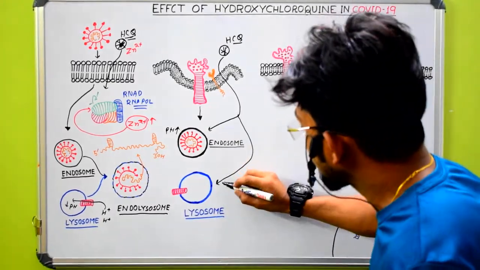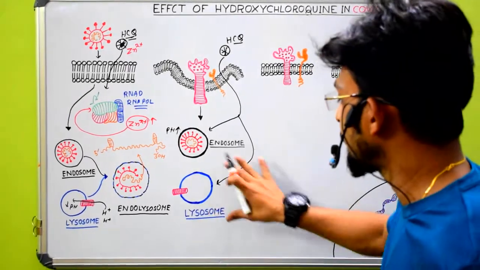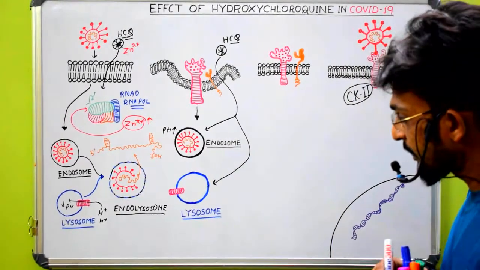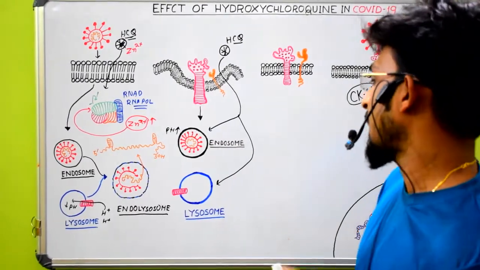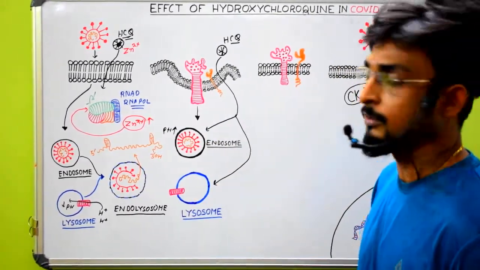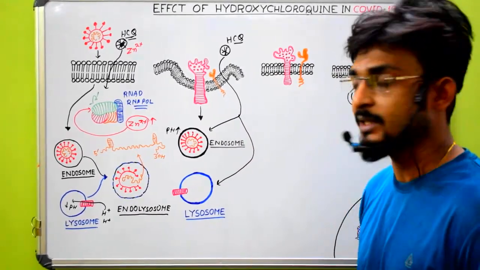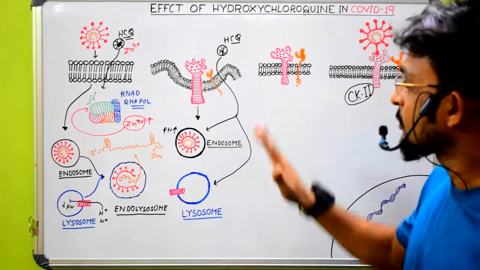So it is also preventing the acidic nature of the lysosome. This is one thing. Another thing is that cathepsin is a kind of protein that helps in the fusion of this endosome and the lysosome. So this hydroxychloroquine can also affect the cathepsin protein. Okay, as a result of that, the fusion cannot occur. So this is another level.